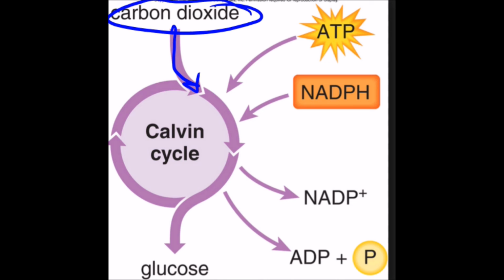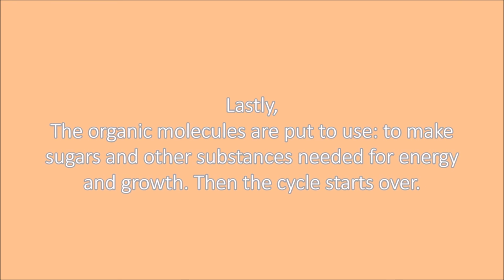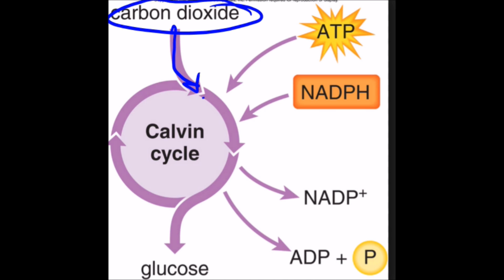Then energy from ATP and NADPH create a series of organic molecules. Then, the last step is that these molecules are put to use and they create a substance of sugars and energy that help us grow.